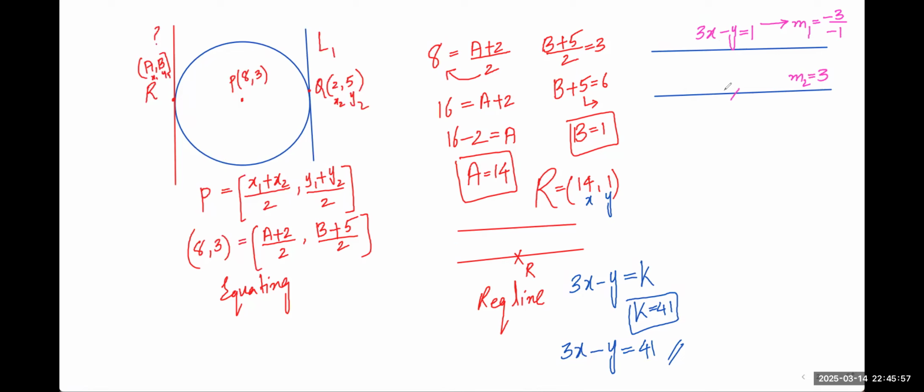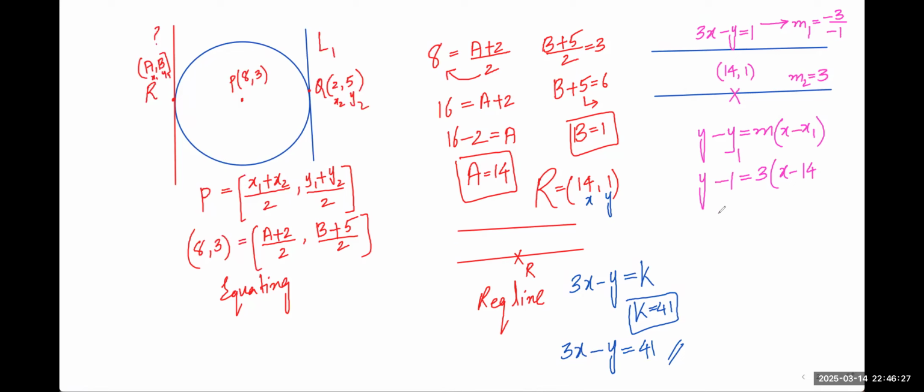And we know that the second line is passing through 14, 1. Understand? I can use this formula also. You remember this formula? Just plug in the values. y1 is 1, the gradient is 3, x1 is 14.